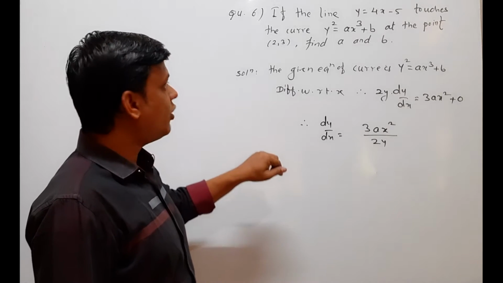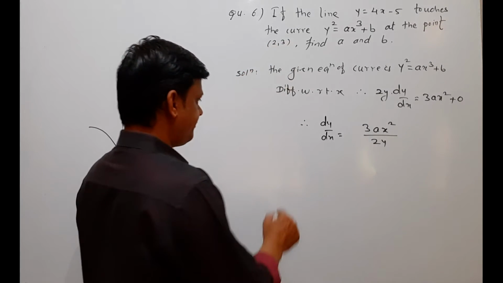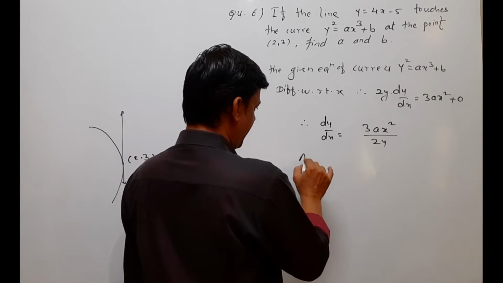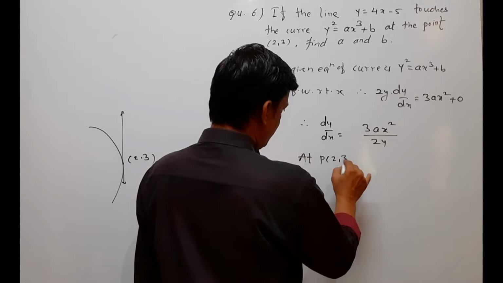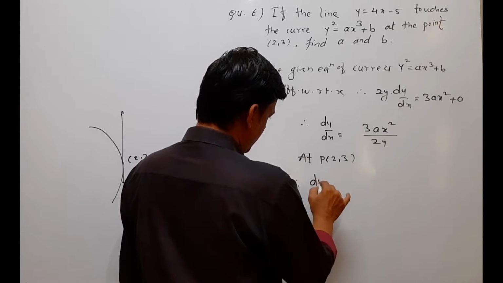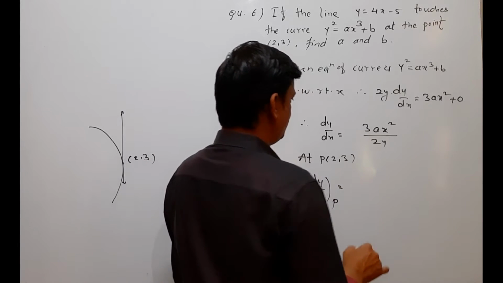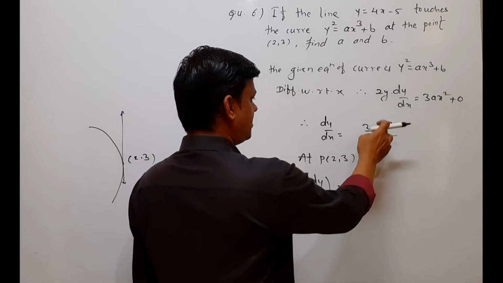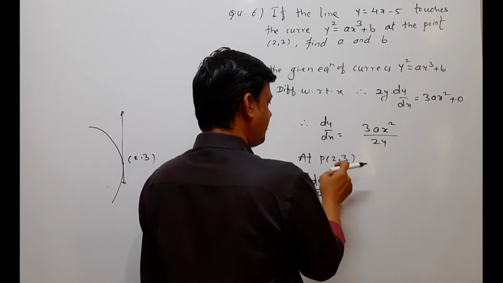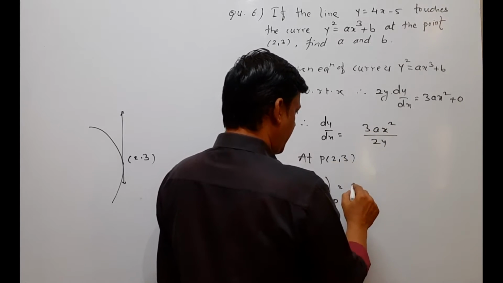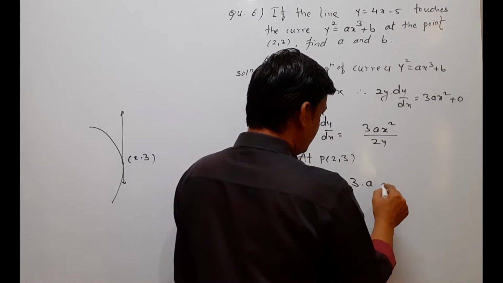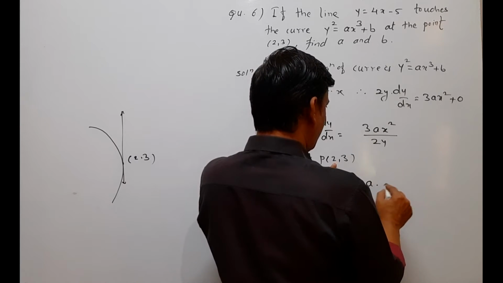We require slope of tangent at 2, 3. So we write here at p of 2, 3. Therefore, dy by dx at p is equal to, so we replace this x by 2 and y by 3. So write here 3 into a into value of x is 2.